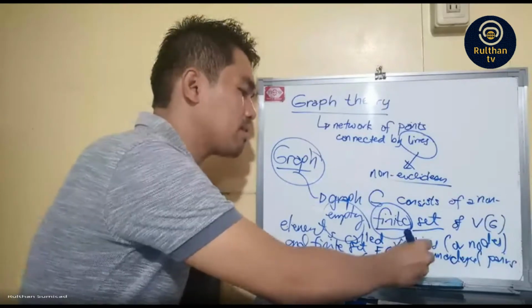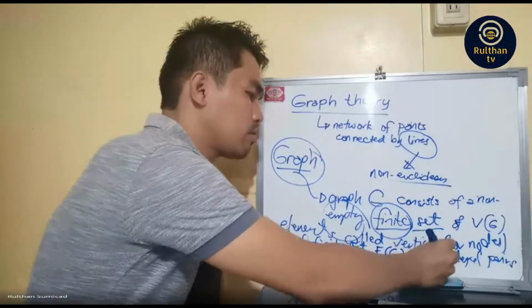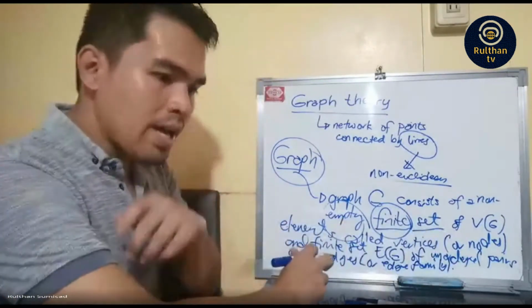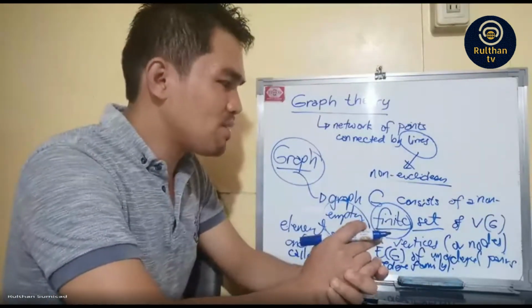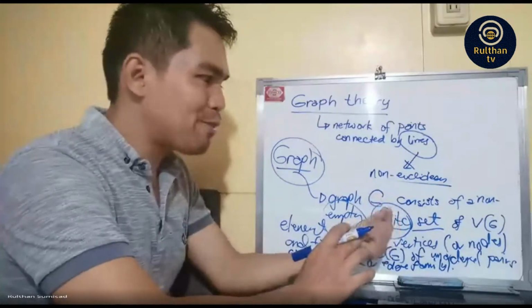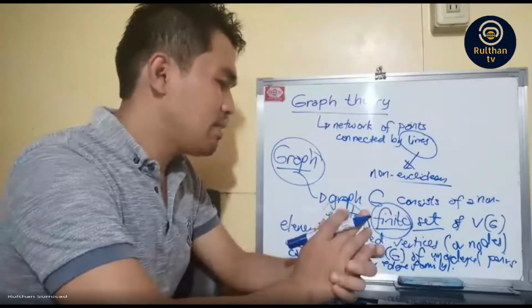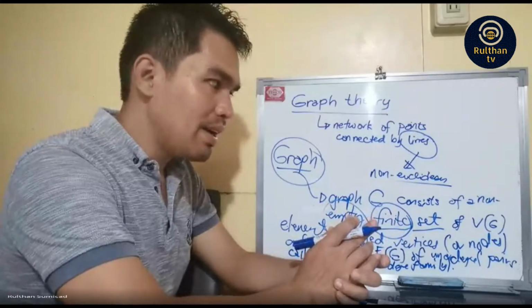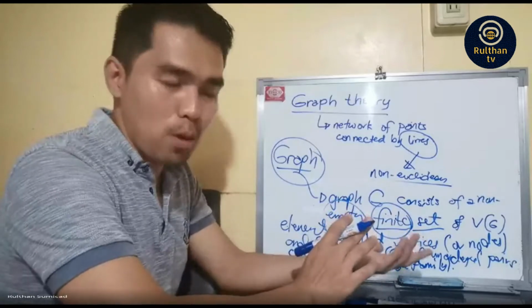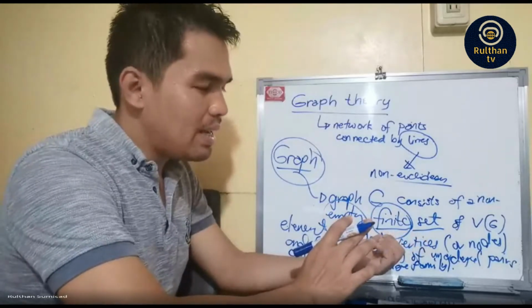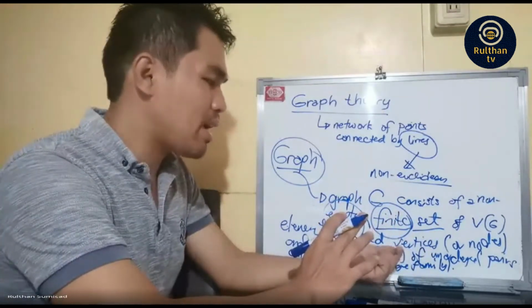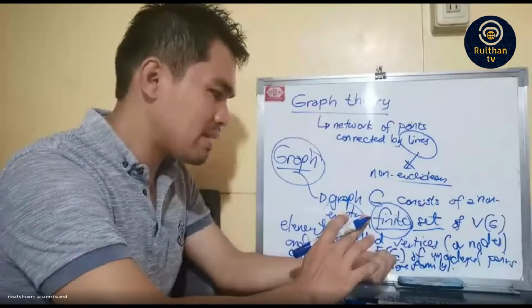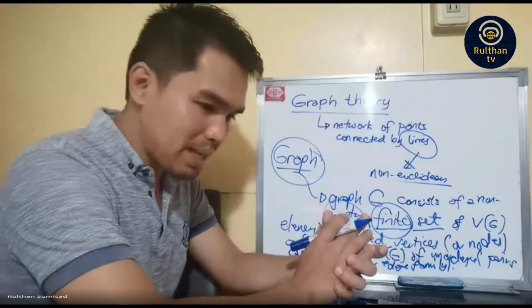So that is what makes a graph. It comprises a set of vertices and a set of edges. The vertices here are our points, a network of points that are connected with lines, and the lines here are called the edge or edges, also known as the edge family.